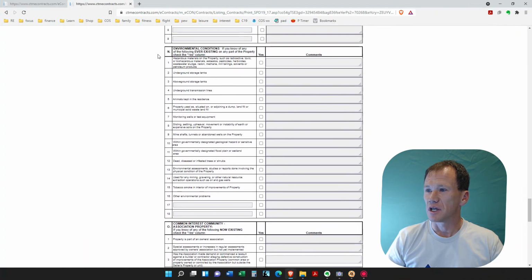Environmental conditions. Now we're back to ever existing. Again, most of these for your common residential property are going to not be checked. You'll skip right by them. But if you're talking about a larger property, farm property, rural property, something that could have unusual issues, these could be on here. So hazardous materials, storage tanks, underground or above ground, transmission lines.